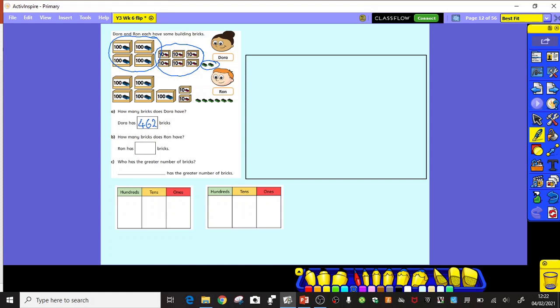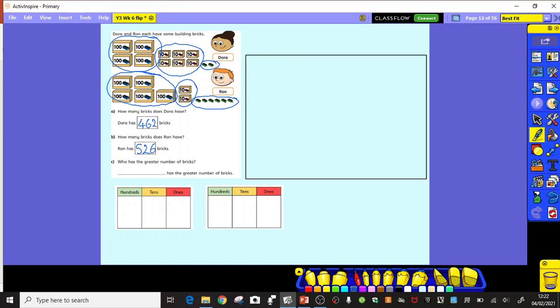How many bricks does Ron have? So let's have a look. Ron has got how many hundreds? That's it. Ron has got 500s. He's got 2 tens and 6 ones.